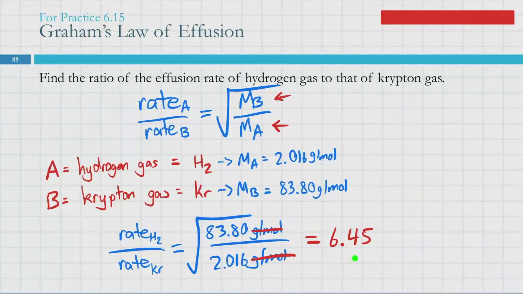What this 6.45 means is that hydrogen gas, H2, is going to effuse 6.45 times faster than krypton gas. So it'll escape through a small hole into a vacuum almost 6.5 times faster than krypton gas.